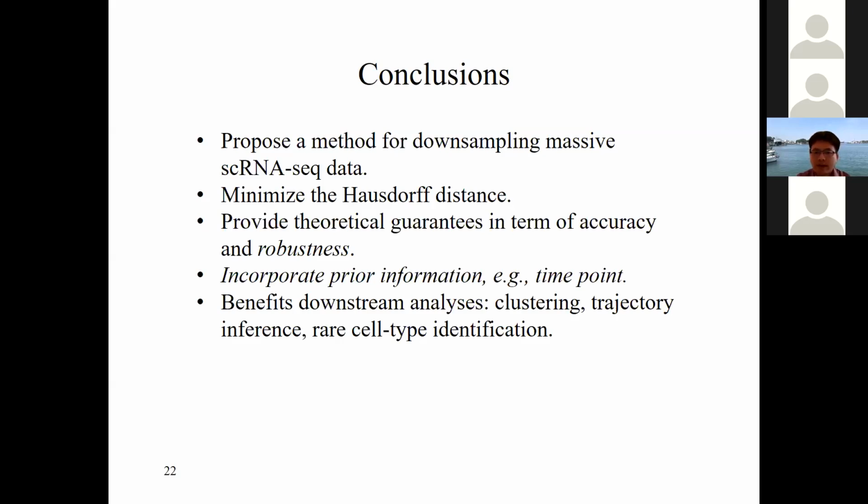We also show that it benefits downstream analysis like clustering, trajectory inference, and rare cell type identification. These are the main downstream analyses in single cell RNA-seq data. Most importantly, this allows us to shift the focus from more data, less algorithm to less but accurate data and more algorithm.